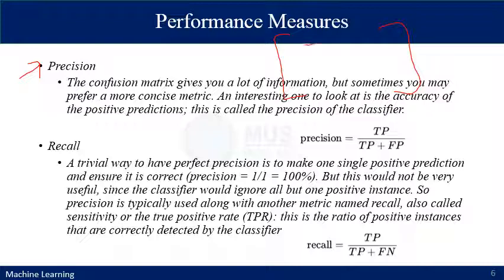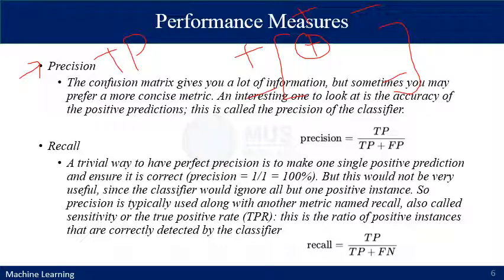the positive examples and the negative examples. We had the positive class and the negative class. The examples which were actually positive and predicted as positive are termed true positive.